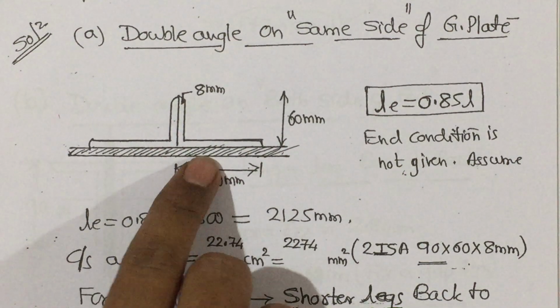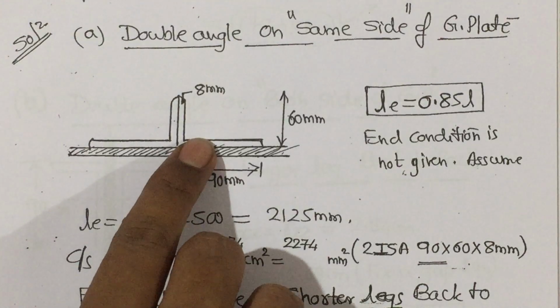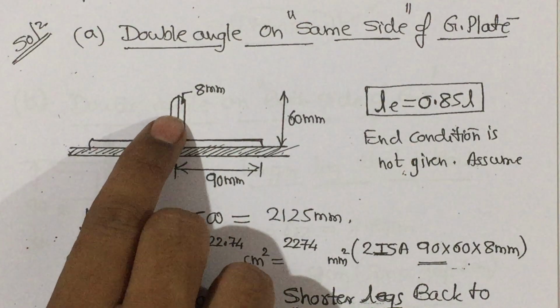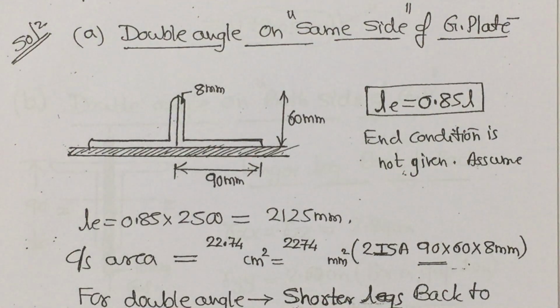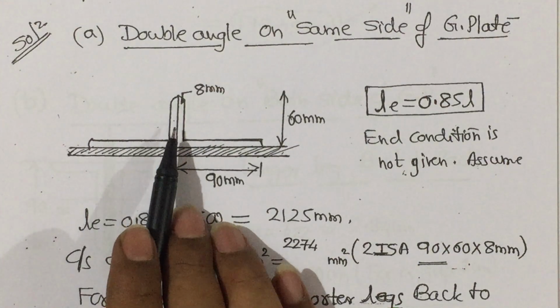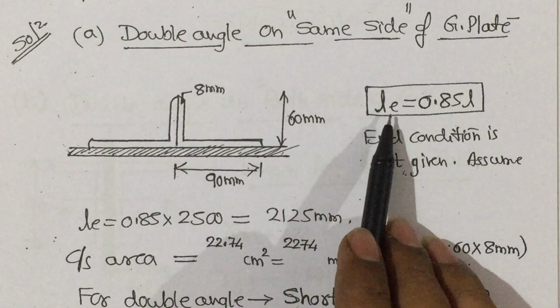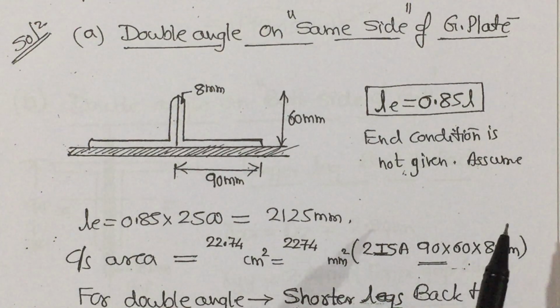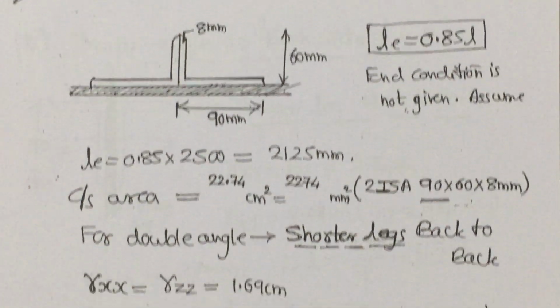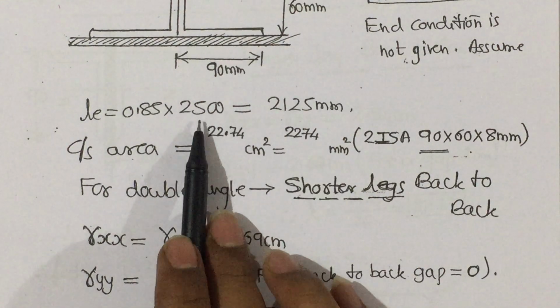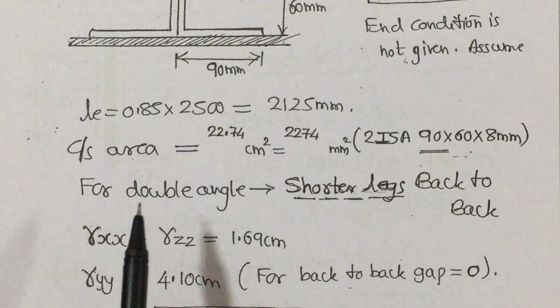We are going to write the figure gusset plate, then two angle sections, they are connected back to back on the same side with shorter legs. Okay, then here we are going to make use of several bolts. So, we are going to make use of LE effective length is equal to 0.85 times of L. Then effective length we are going to calculate, length is given 2.5 meters, that is 2500 millimeters.